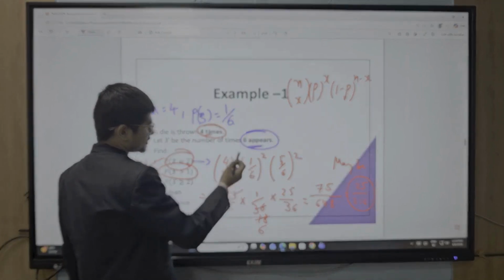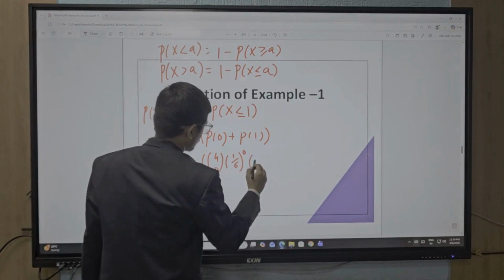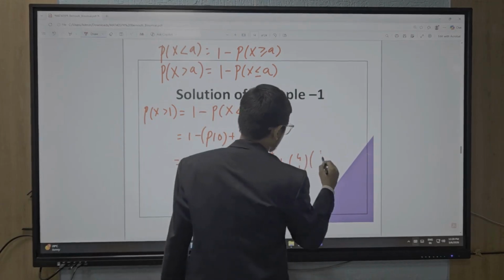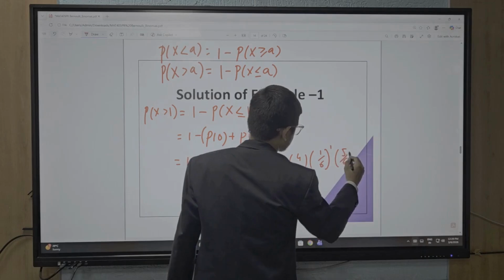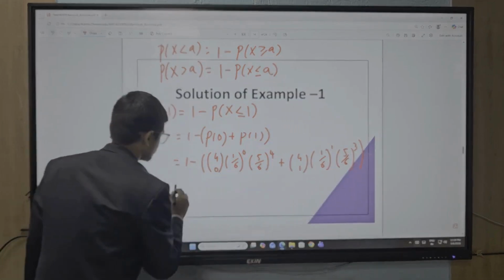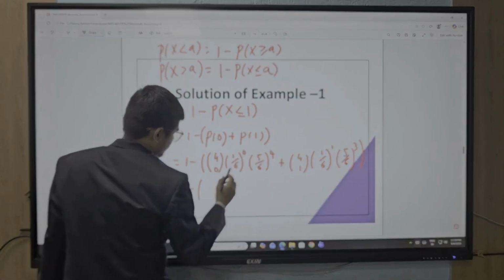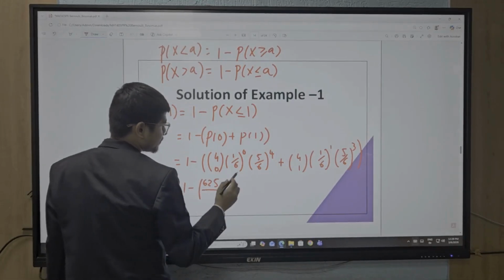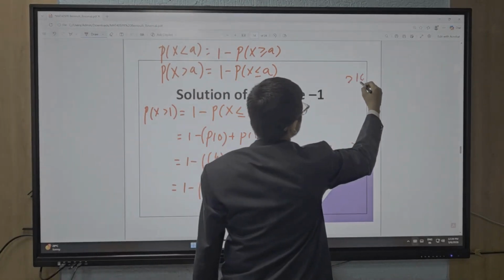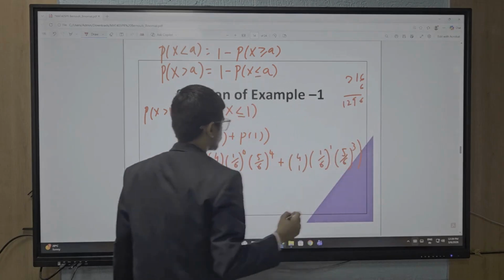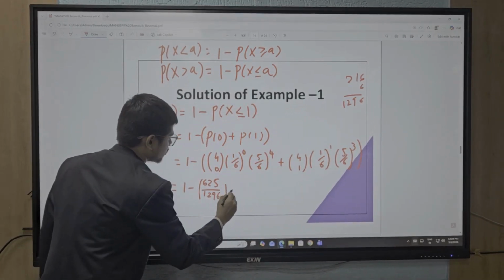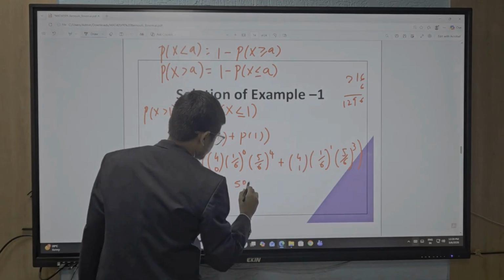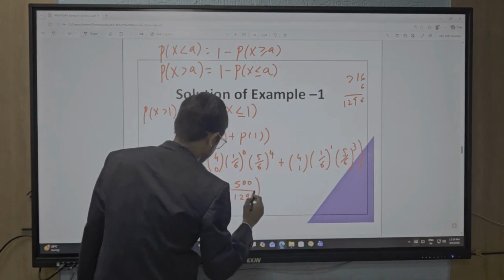The probability of success is 1 by 6, so (1 by 6) to the power 0 and (5 by 6) to the power 4. Then 4C1, (1 by 6) to the power 1, (5 by 6) to the power 3. So this is 625 divided by 1296, plus here 4 into 125, so 500 divided by 1296.